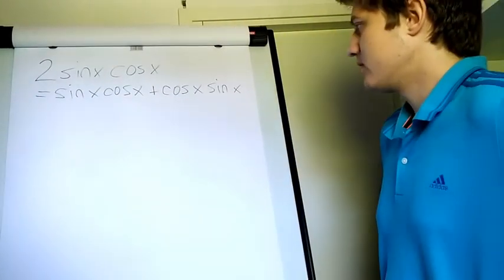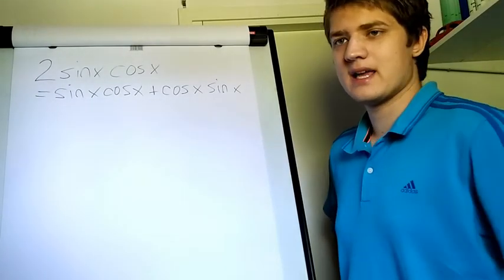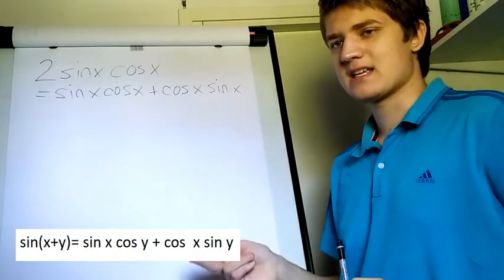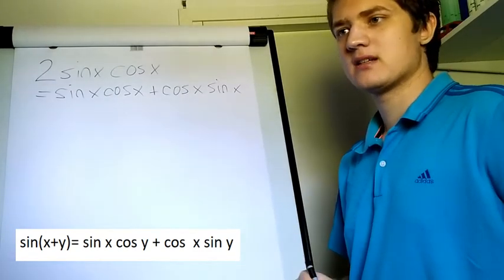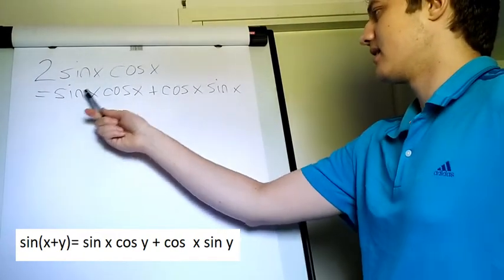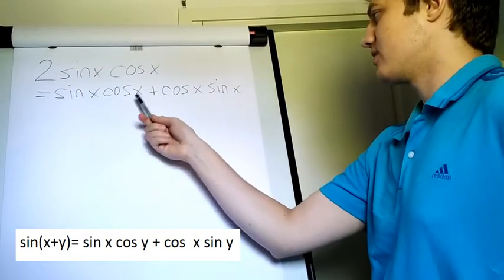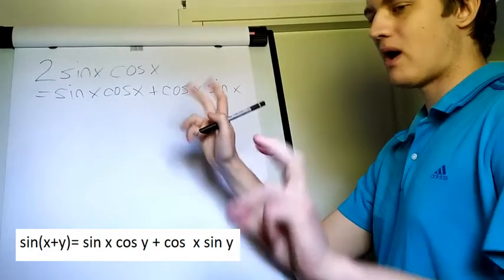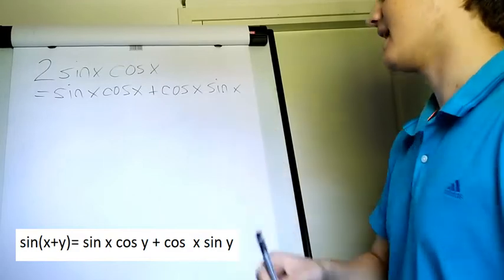And what do we see now? Well, I hinted at that one formula, the formula of sine x plus y, and we discovered that this is like sine x cosine y, where y equals x, plus cosine y, where y equals x sine x.